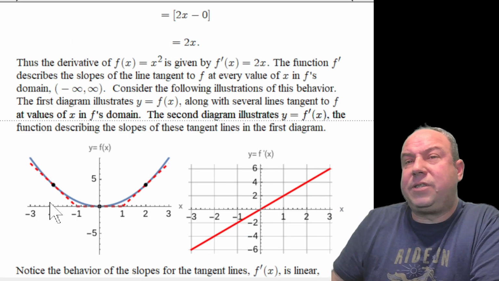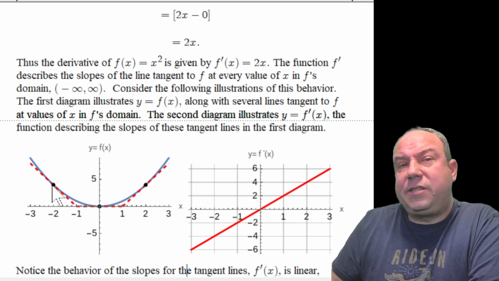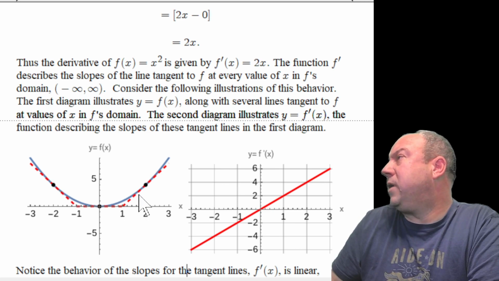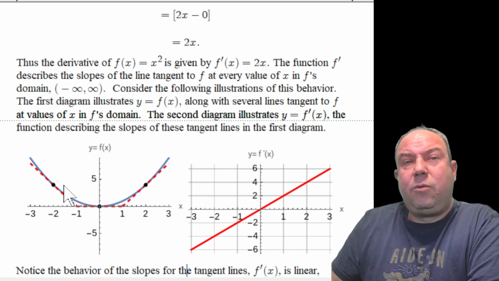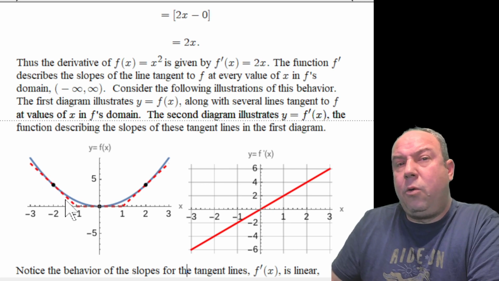Here's the graph of f of x, and what we're interested in is looking at different points along f, and what the slope of the tangent line is at those points. Like, what's the slope of the tangent line here at x equal to negative 2? Well, certainly it would be negative in value.